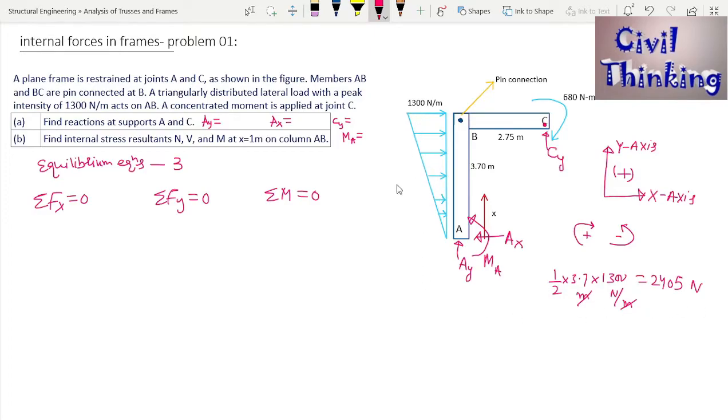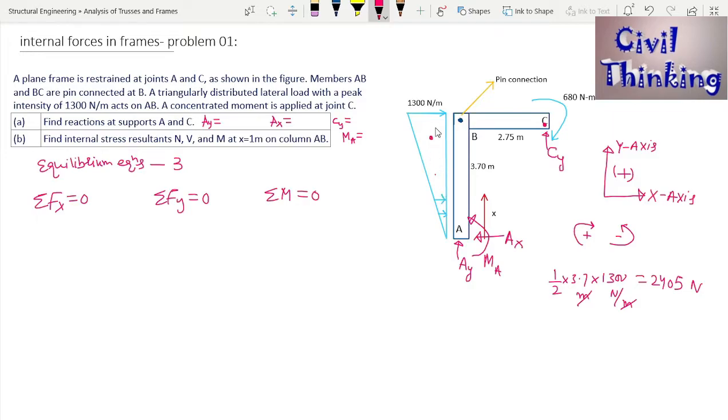It means we can erase all of this and replace it with one single point load vector of 2405 Newton. But the question is, where are we going to place that point load? Will it be here, or here, or where? The resultant load will act at the center of gravity of this triangular load. Let me suppose this is the center of gravity.